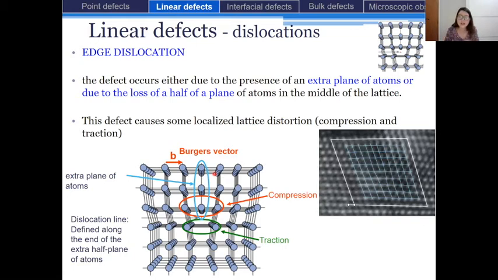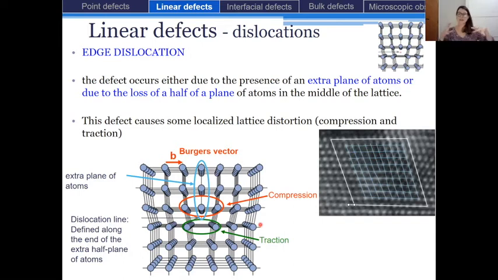Since they are squeezed together, they are under compression, whereas the atoms below this extra half plane are pulled apart from one another, and so they are under traction, okay?